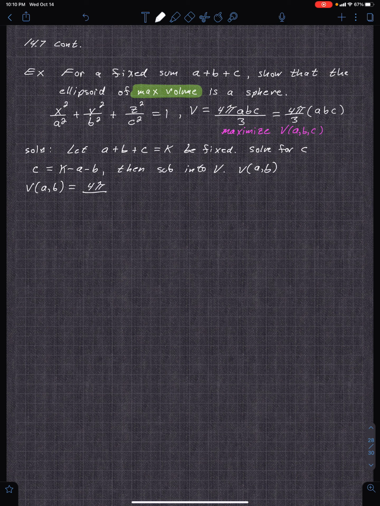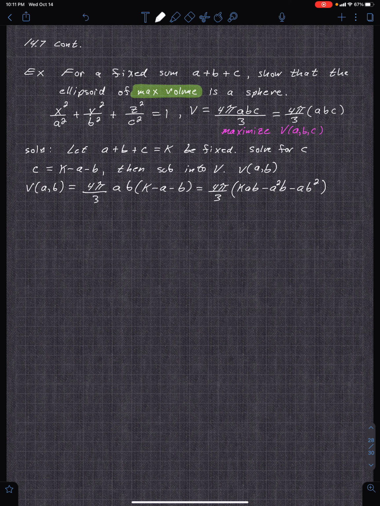We substitute for C. So we have 4 pi thirds times A times B times K minus A minus B, which is equal to 4 pi thirds, and then we can distribute: KAB minus A squared B minus AB squared. Okay, so what's next? We have our function now in terms of just A and B.